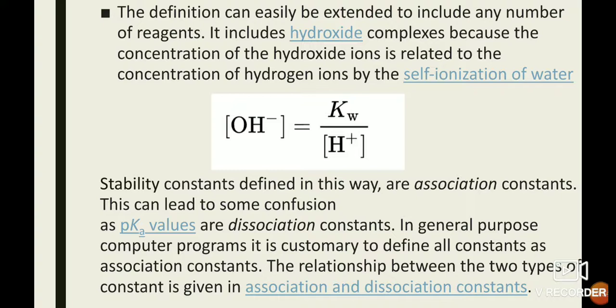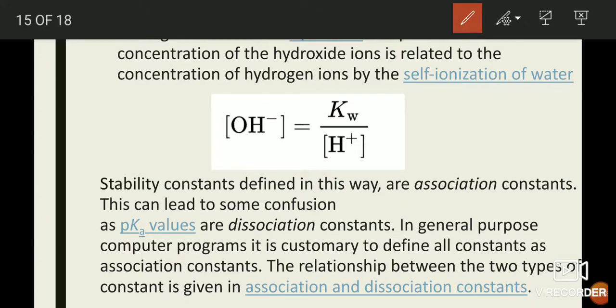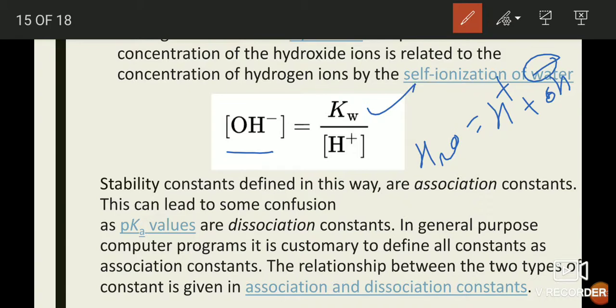It includes hydroxide complexes because the concentration of hydroxide ions is related to the concentration of hydrogen ions by the self-ionization of water. Water ionization: H2O is equal to H plus ions plus OH minus ions. Then the concentration of OH minus ions is equal to the formation constant divided by the concentration of H plus ions.